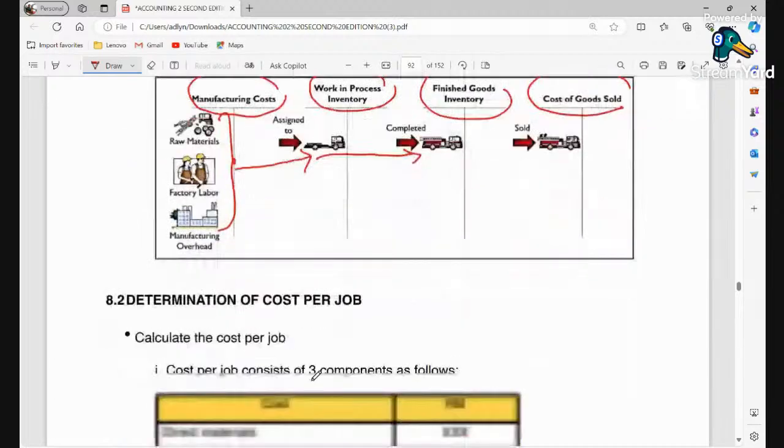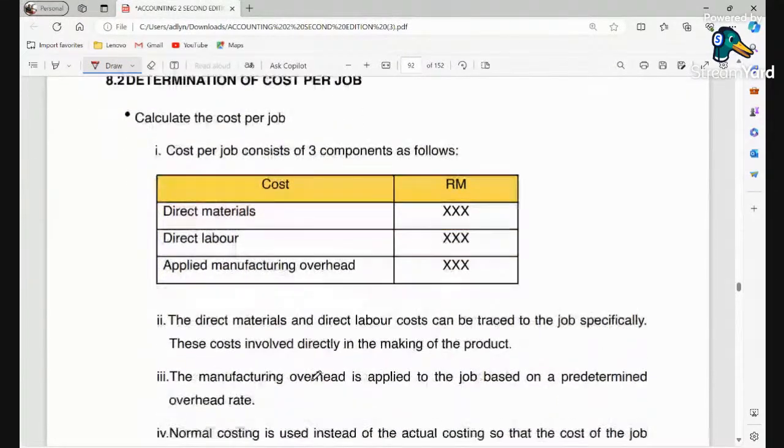So how do we determine the cost per job? As we usually do from the beginning, we have three components for cost per job: direct materials, direct labor, and since we already learned topic 4, we already have the basics of normal costing. We must understand that when the customer comes to order, production has not yet started, so we have no means of calculating the actual manufacturing overhead cost.